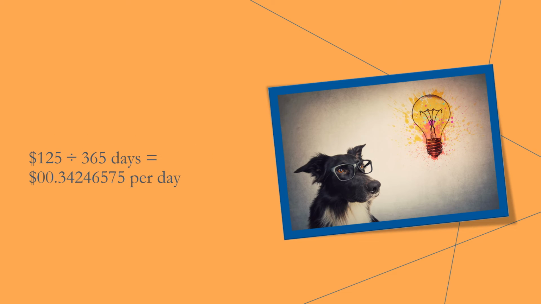The amount of the association fee is $125 for the year, so you divide that by 365. That gives you the answer of 0.34246575 per day as the daily rate for the association fee.